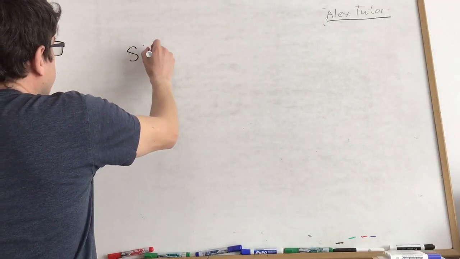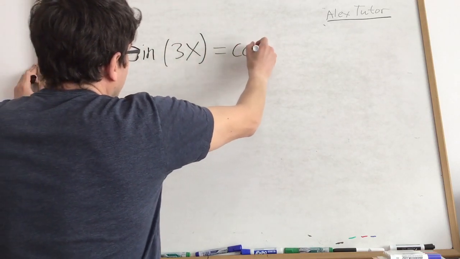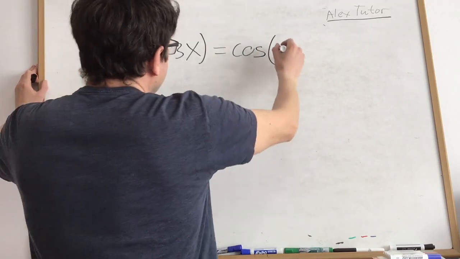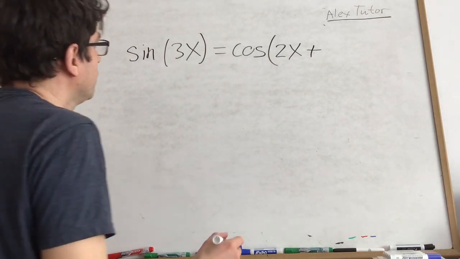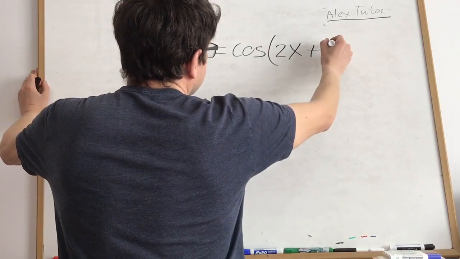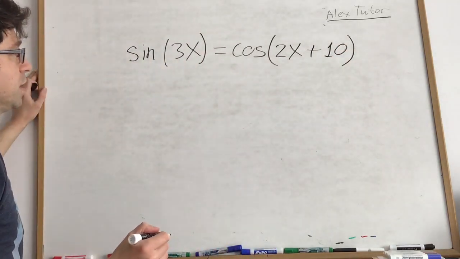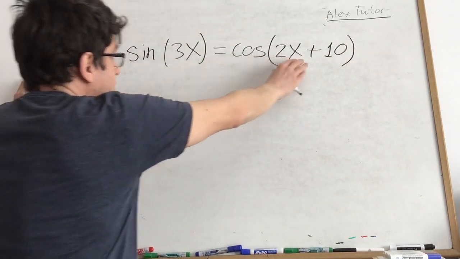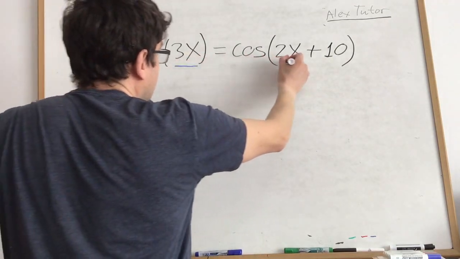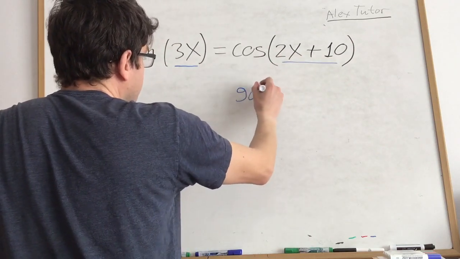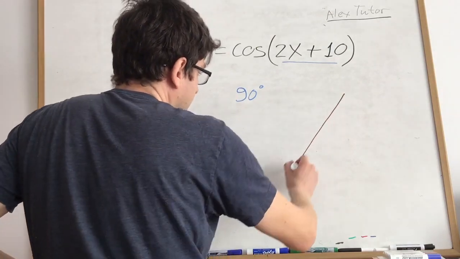And now we're going to solve a basic trigonometric equation. Sine of 3x equals cosine of, let's say, 2x plus 10. So now this angle and this angle together are 90 degrees, because obviously we have a triangle.